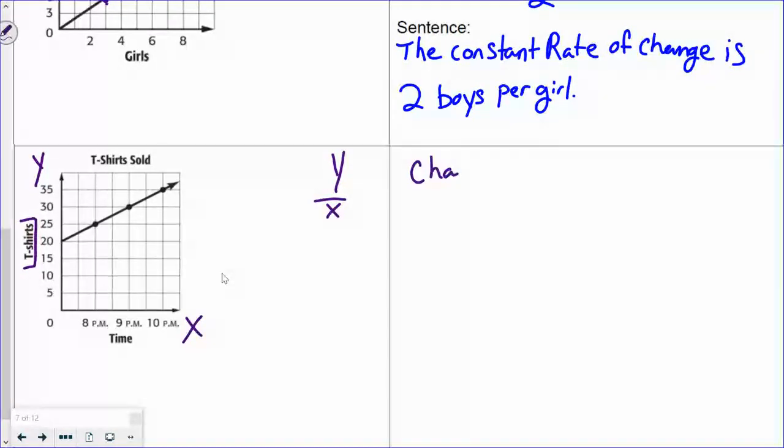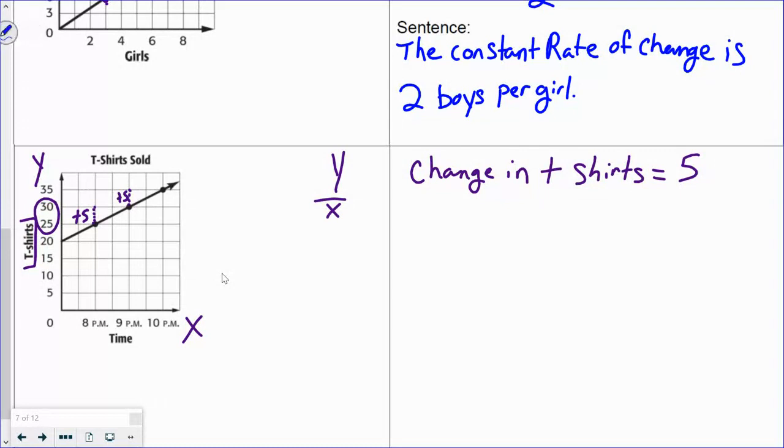So change in t-shirts. Okay, so if I go up 1, it really is 5, because what's 30 minus 25? So each line went up by 5. So we're saying my change in t-shirts is 5.